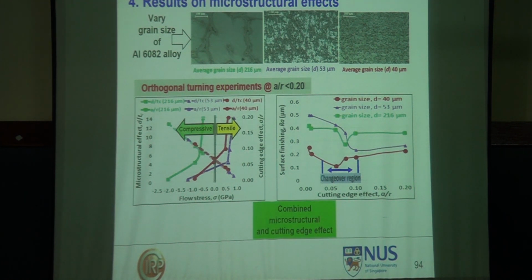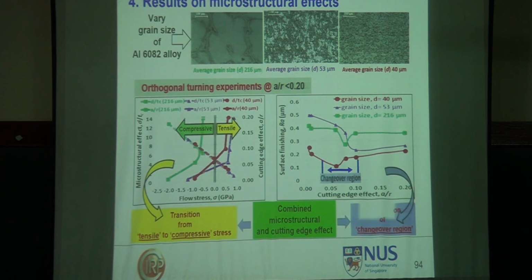So when you consider the combined effect, combined microstructural effect and cutting edge effect, now let us see the details of this zone. So this transition is taking place from tensile to compressive or compressive to tensile. And important thing, we found a changeover zone.